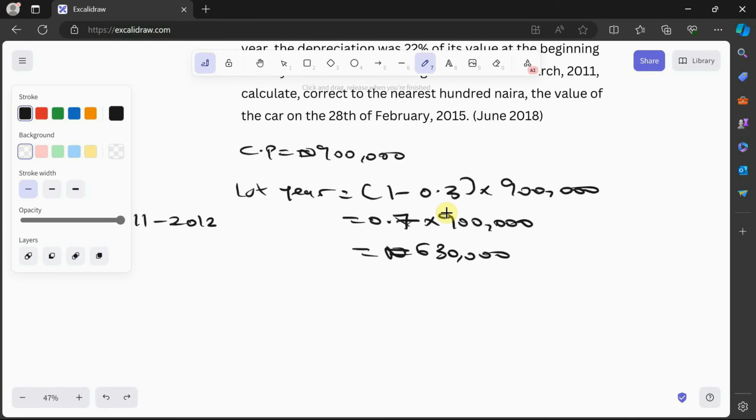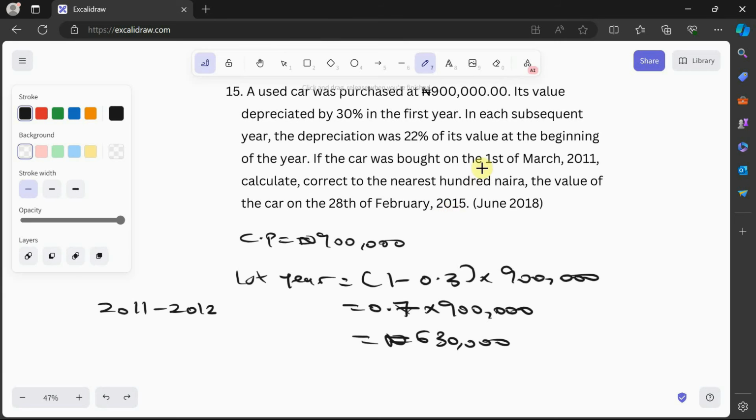So from 2012, he said it's 22% of the value at the beginning of the year. So you will always be doing 1 minus 0.22 times the old value. So that's basically just compound interest. I use the compound interest formula to do that.